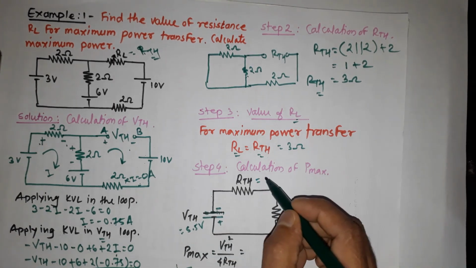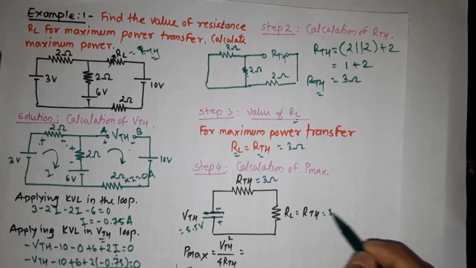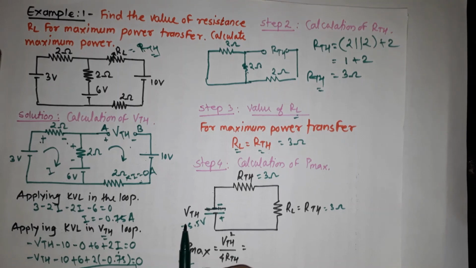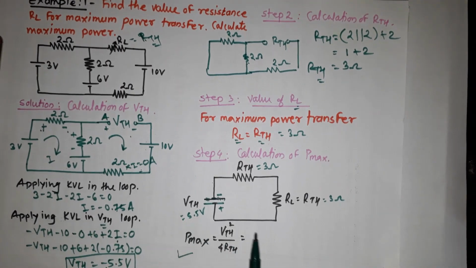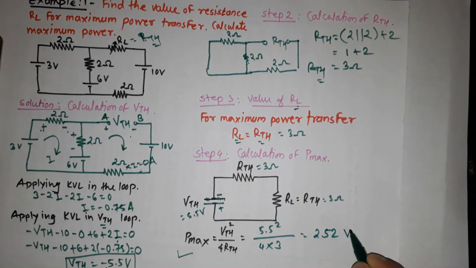RTH we calculated is 3 ohm, and RL is nothing but RTH, so again it is 3 ohm. The formula for Pmax, maximum power transfer to the load, is VTH square upon 4 RTH. By putting the values, it is 5.5 square divided by 4 into 3. By calculating this, we are getting Pmax is equal to 2.52 watt.